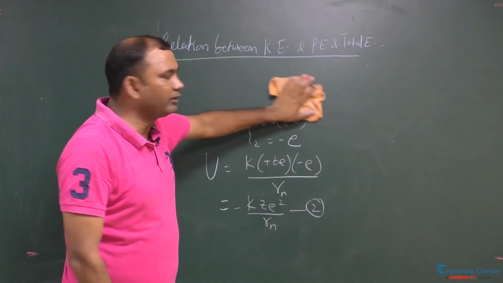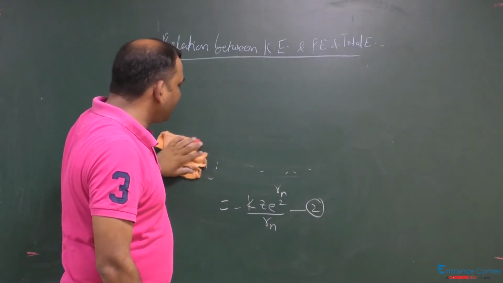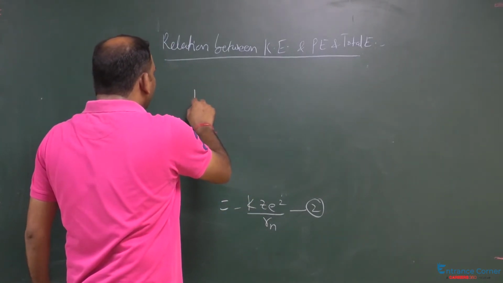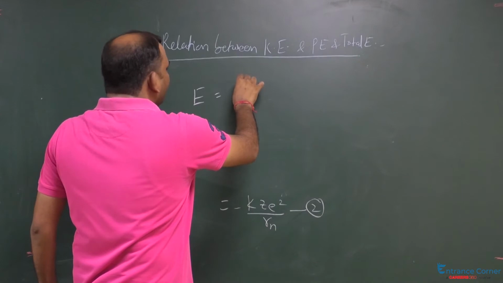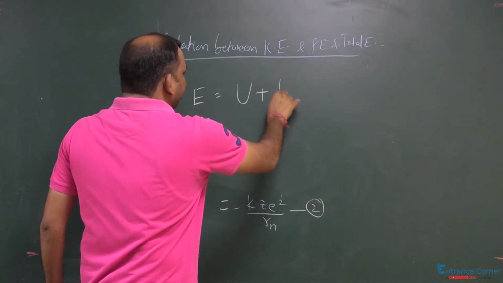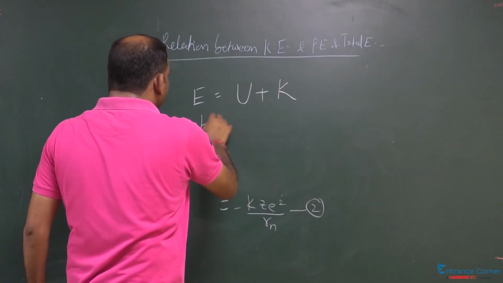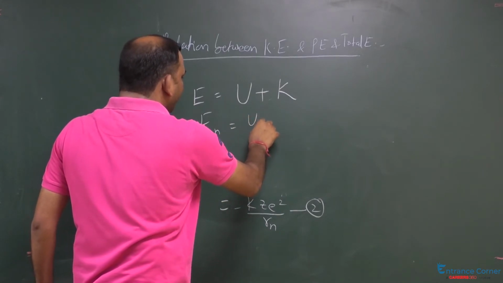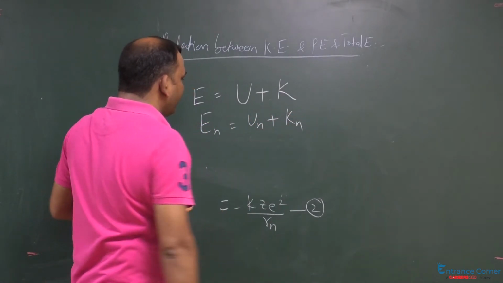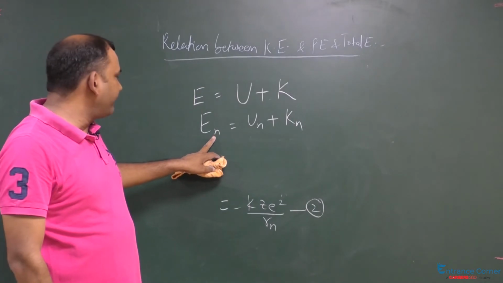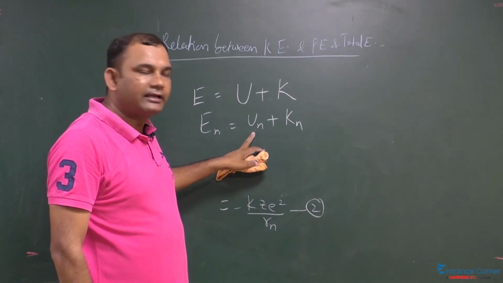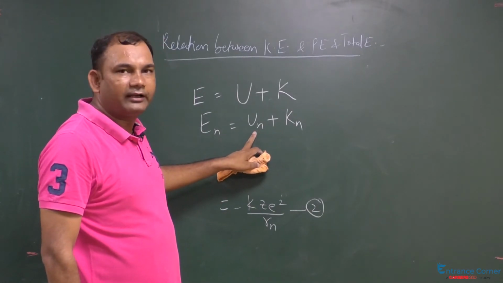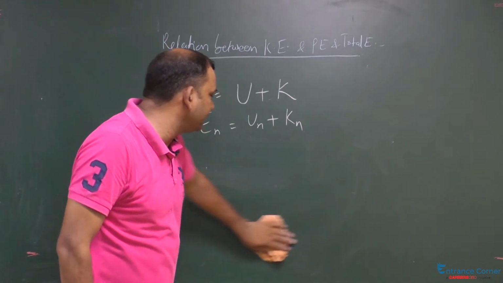Now, what is the total energy? Total energy E is equal to potential energy plus kinetic energy. So, En is equal to Un plus Kn, the total energy, potential energy and kinetic energy of the nth orbit.